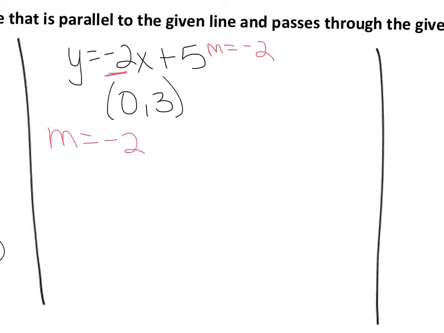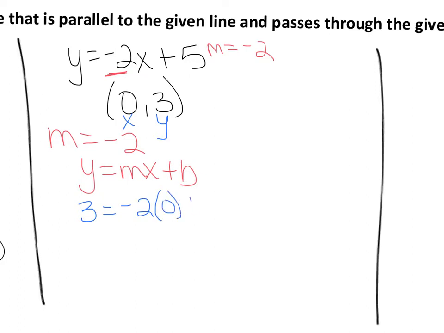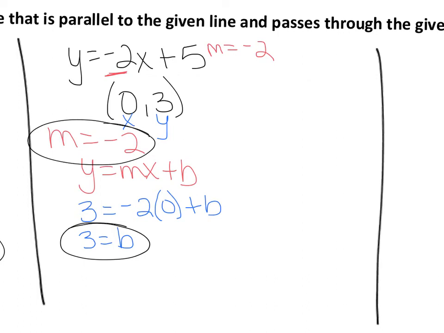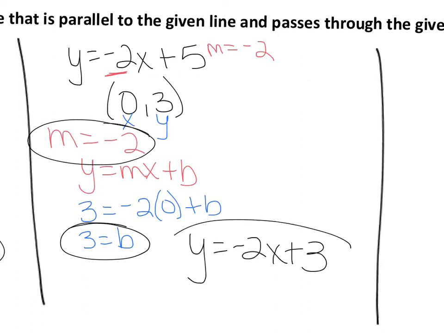To find my y-intercept, we're going to use the generic equation of the line. I have an x and a y, so instead of y, we plug in 3. We plug negative 2 in for m, 0 in for x, and we solve for b. We end up with b equals 3. So I have my y-intercept and my slope, and I can write the equation of the line.